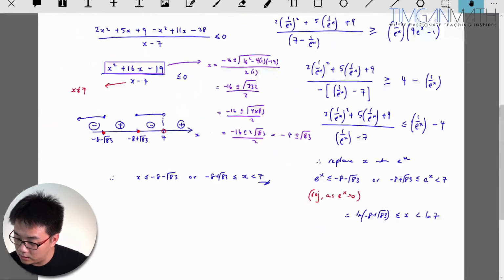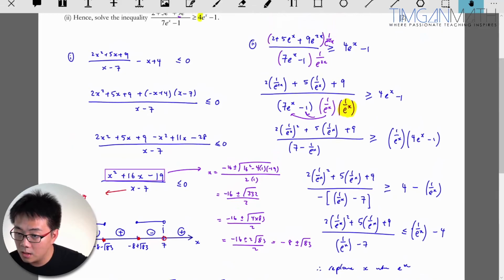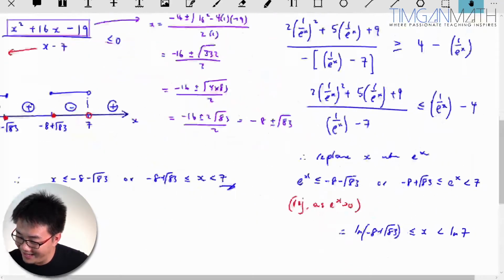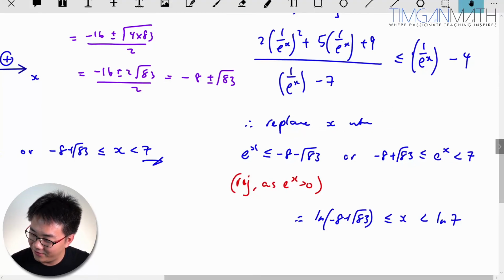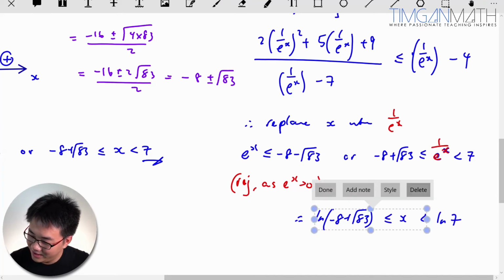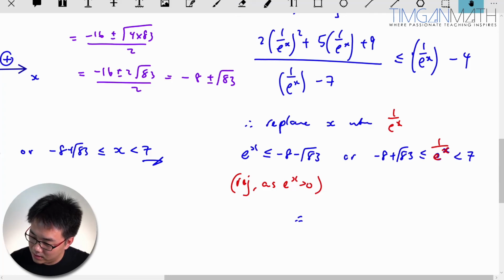Oh wait, did I do something wrong? Replace... oh yes, I did something wrong. Oh my goodness, so sorry. Replace with 1 over e^x. Yes, so this is 1 over e^x. My goodness, this is so bad. Okay, check your answers.